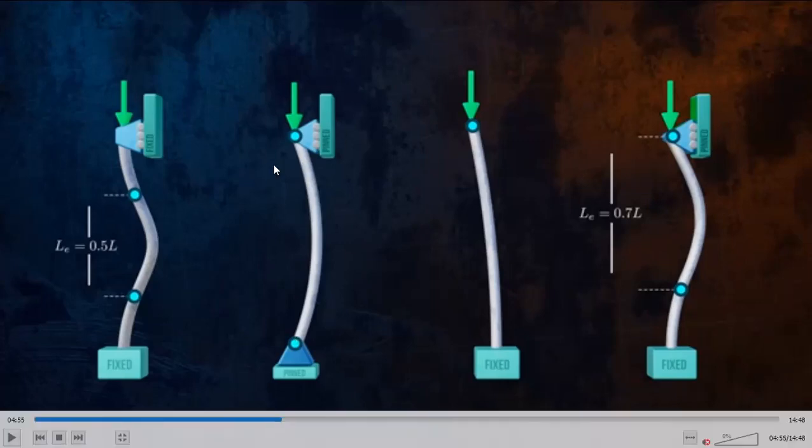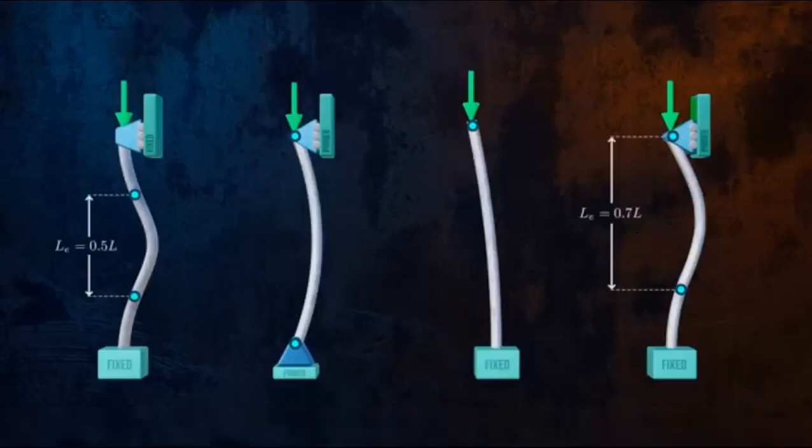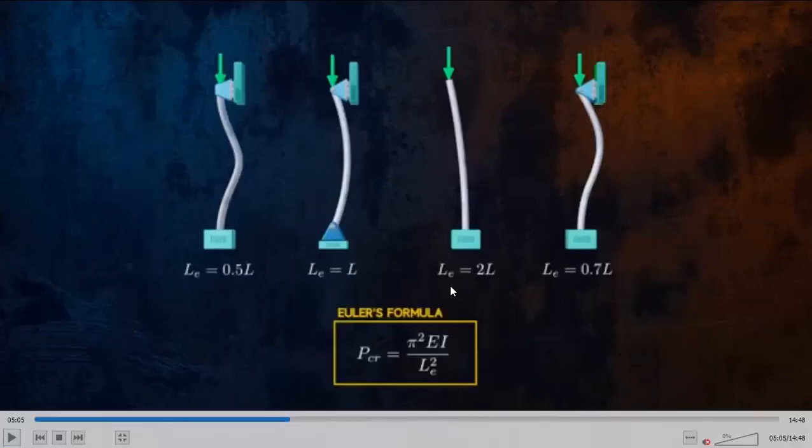For pin-pin, LE is L, so K is 1. For this case, K is 0.5. For this case, K is 0.7. For this case, K is 2, right? So that K tells you the factor. Here you can see, you have to substitute L effective for this one, right?